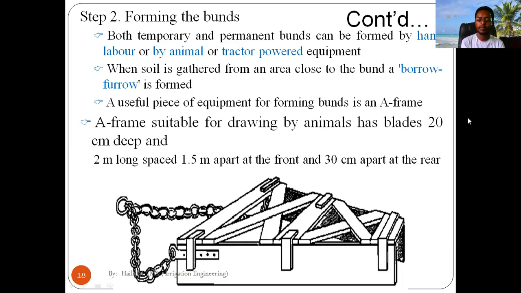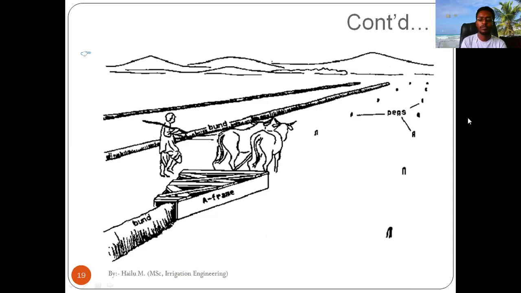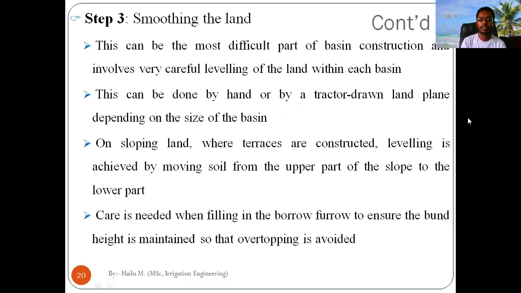This A-frame, suitable for drawing by animals, has blades 20 centimeters deep and 2 meters long, spaced 1.5 meters apart at the front and 13 centimeters apart at the rear, as you see from this figure. By installing this equipment on an animal-drawn implement or farm tractor, we can construct bands.